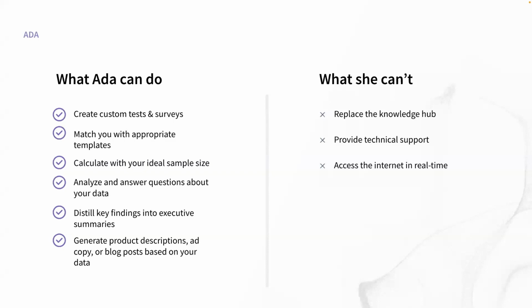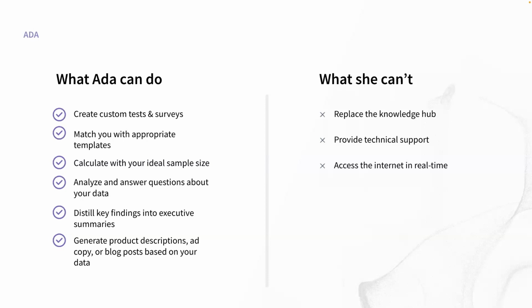All right, so we'll start off with what Ada can and cannot do. As you can see from the slide, Ada has a ton of capabilities. As with all AI features, it's constantly learning tendencies, adjusting to your needs, and adapting. We've gotten common questions about what Ada can do.